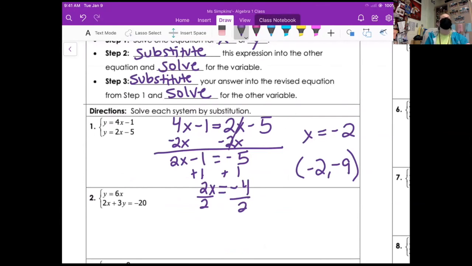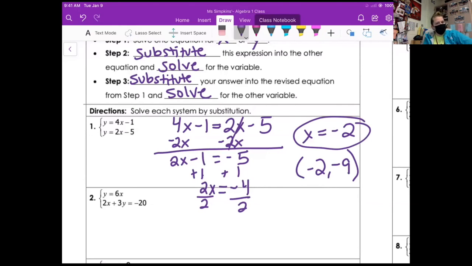How do we get the other half? The -9. Yes, I know it's -9. What should I do? Does anybody have an idea of how we could use this to find out what y would equal?